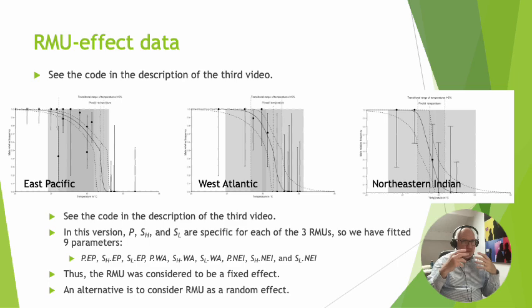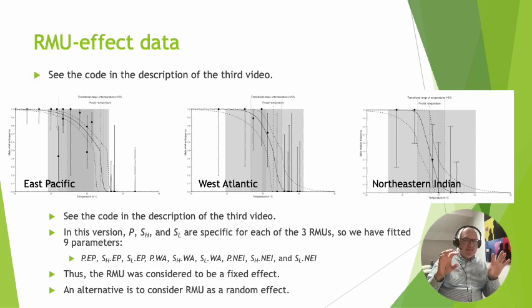Then we have 3 different sets of parameters S_L, S_H, and P for the 3 geographical parts of this species. Then we add 9 parameters to describe the diversity of the answer of thermal reaction norm of sex ratio. Then we have tested if we need this RMU effect or not.